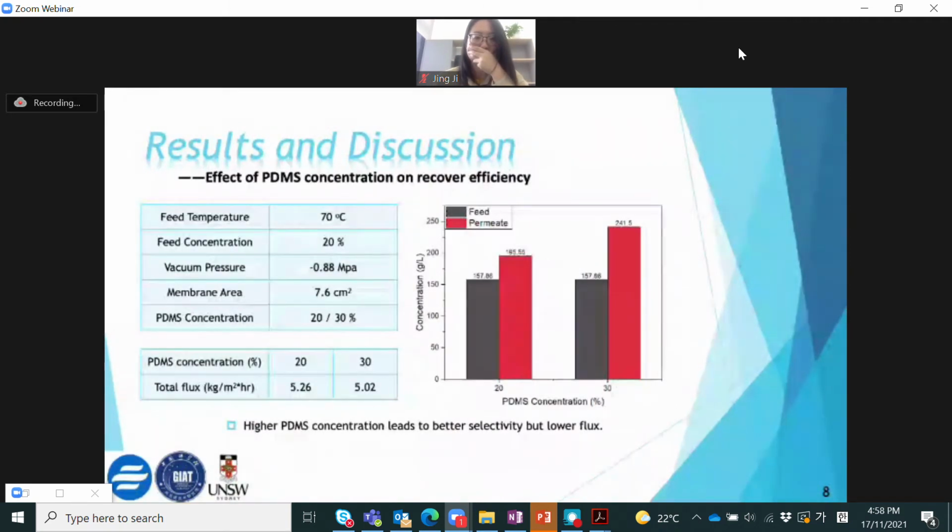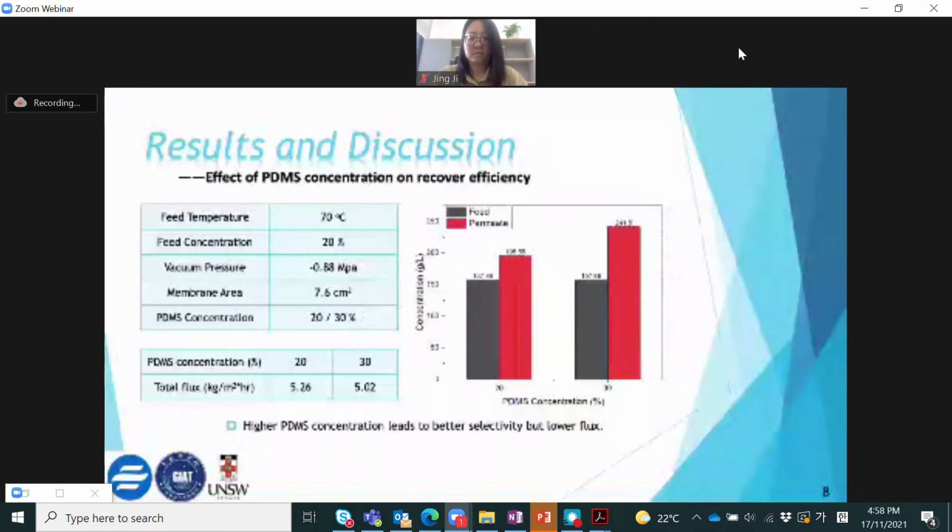The table at the bottom indicates the flux of the 2 membranes, and the figure shows the concentration change. It can be observed that the membrane made with 30% PDMS concentration has obviously higher selectivity with a slightly lower flux. This is because the higher PDMS concentration made the membrane surface more hydrophobic.